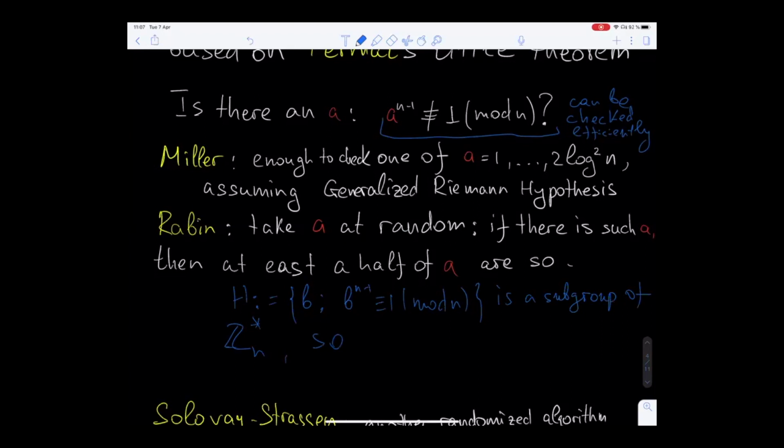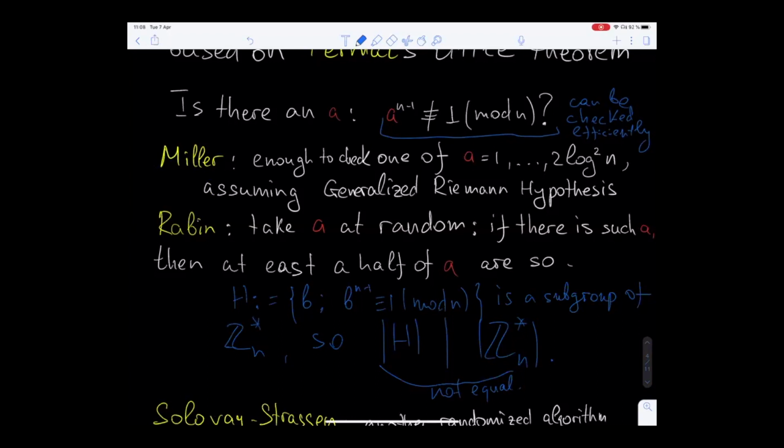So the order of H, by the Lagrange theorem that we saw, must divide the size of Zn star, which is just the Eulerian function. I wouldn't introduce new notation. And clearly, if you have a number not in H, then these things cannot be equal. And if two numbers are not equal and one divides the other, then it must be at least twice smaller. So the order of H is at least twice smaller, thus at least half of the a's violate this property.